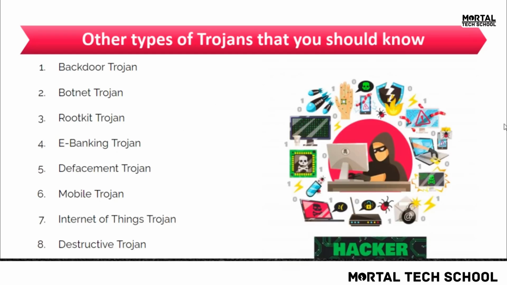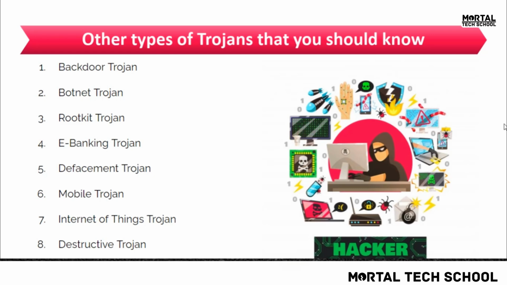Other Trojans are backdoor Trojans. What is a backdoor Trojan? A backdoor is a program which bypasses the system's customary security mechanisms to gain access to a restricted area of a computer system. Backdoors are used by the attacker to have uninterrupted access to the target machine.